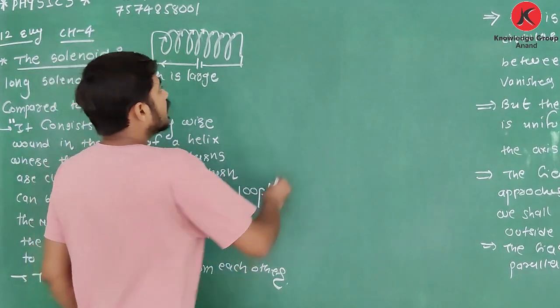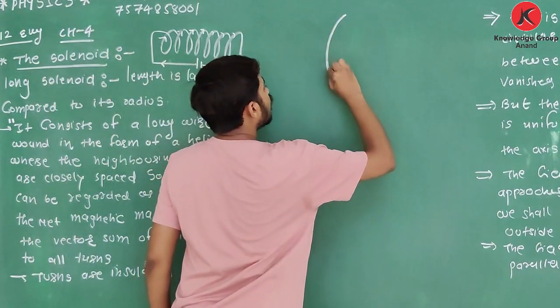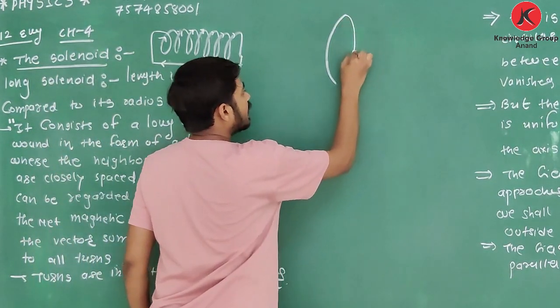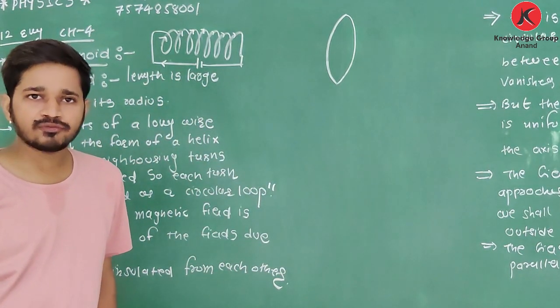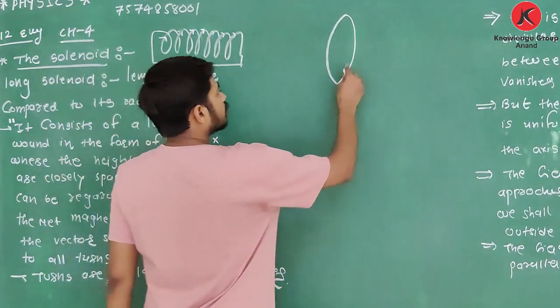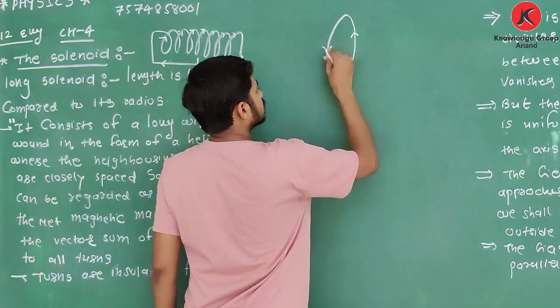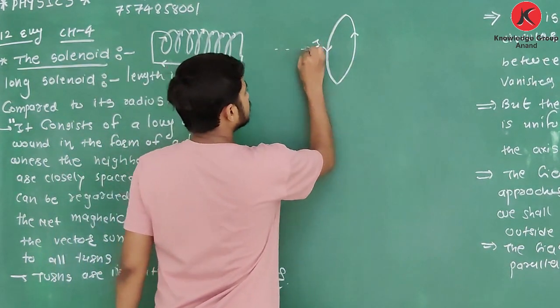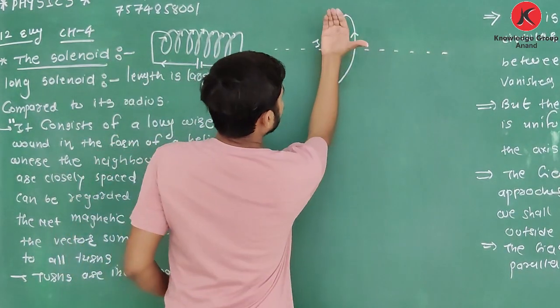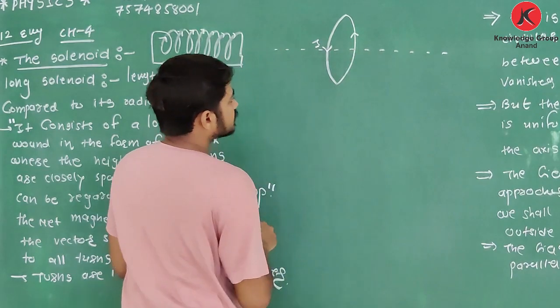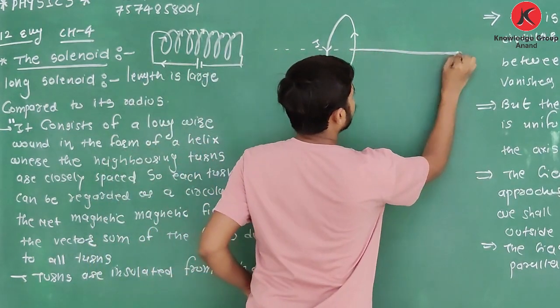Let us understand with one ring. Remember the case of the magnetic field due to a circular ring. Current is flowing in this direction, I, and this is its axis. When current flows in this direction, on the axis the magnetic field is in this direction.